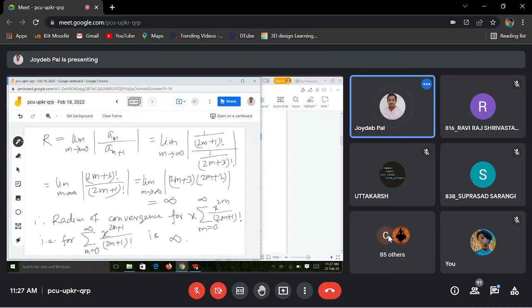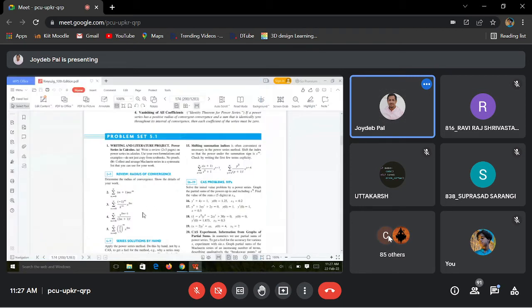Okay, so this is the answer to the question. Only the radius of convergence is asked.